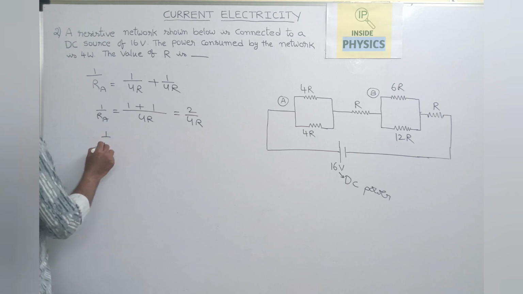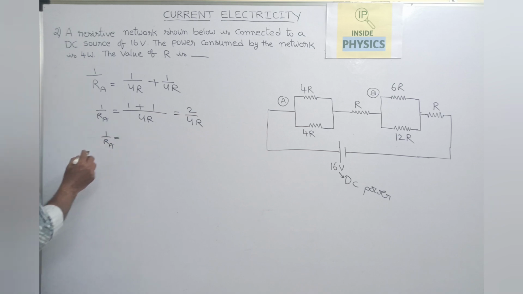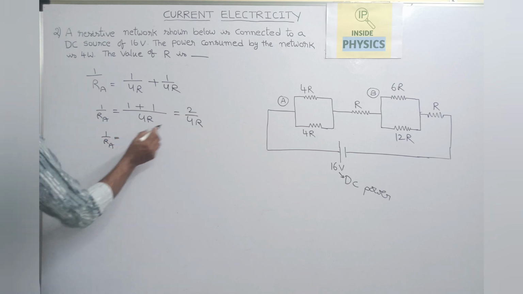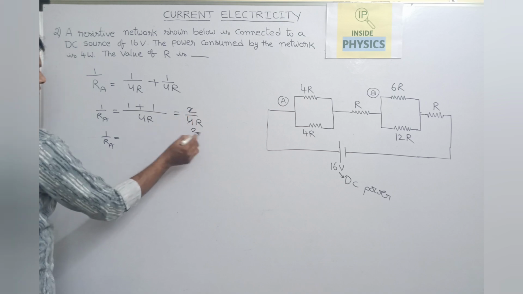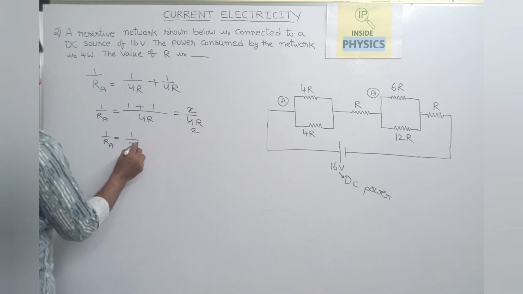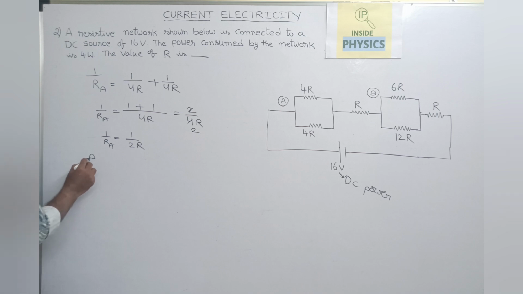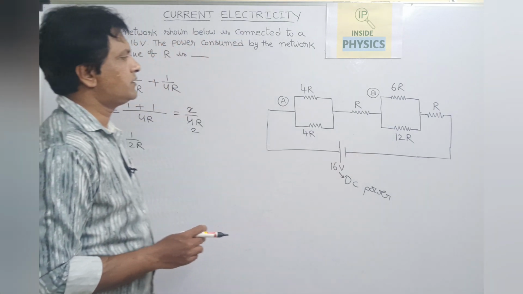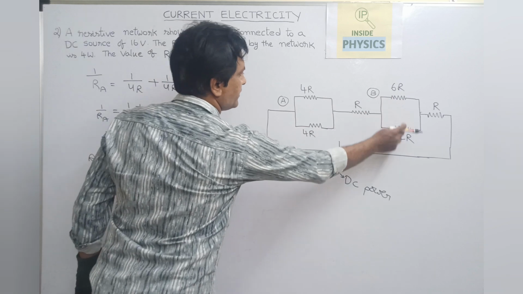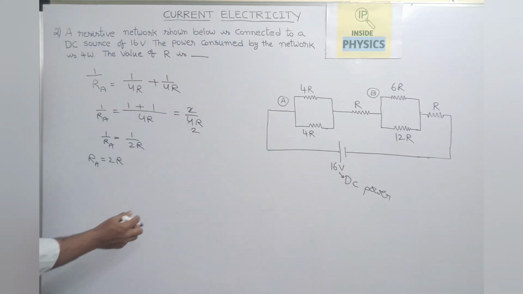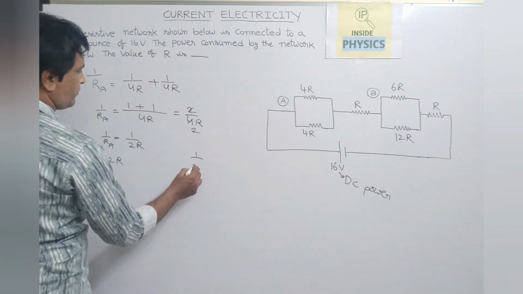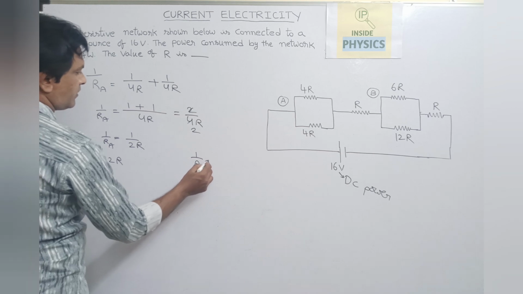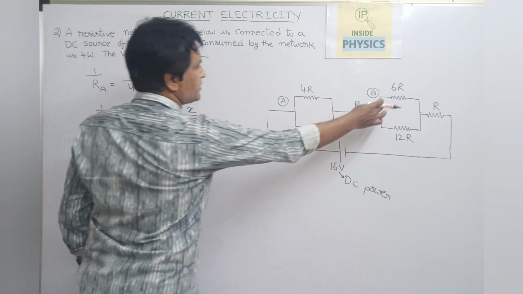So 1 by RA is equivalent to, this 2 will be cancelled, 1 by 2R. So RA is equivalent to 2R. Now we will go to part B and calculate the effective resistance of the resistors connected in parallel. Here I am writing 1 by RB, that means the effective resistance of this part.